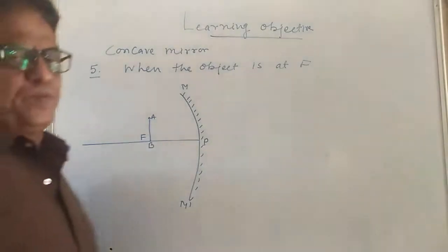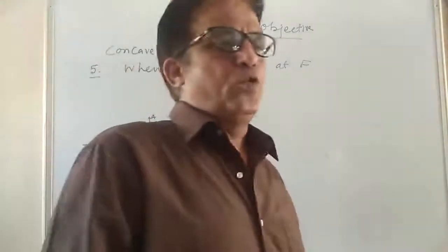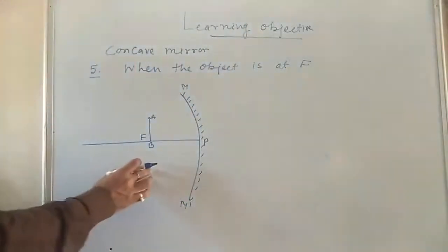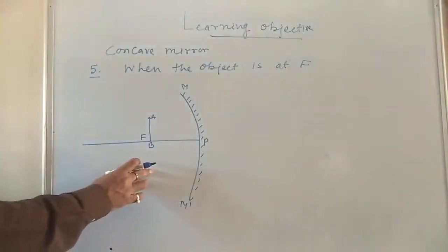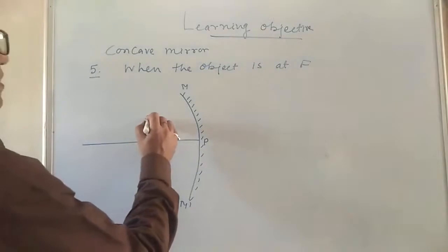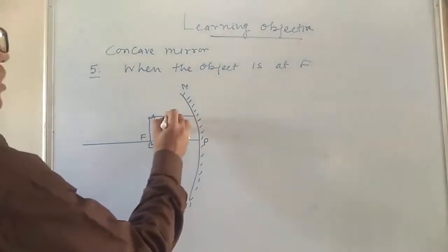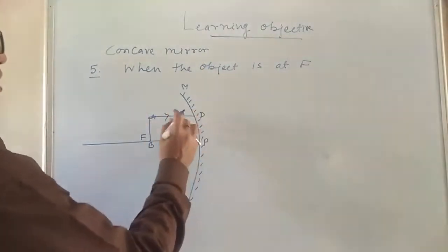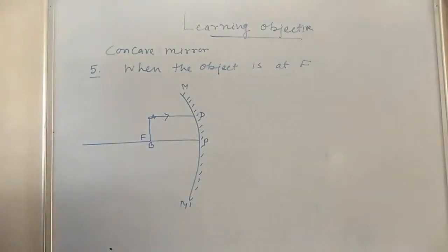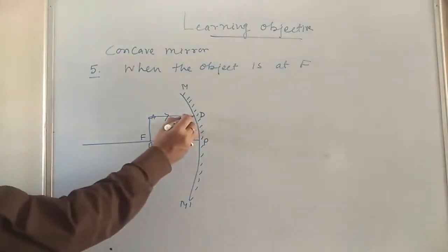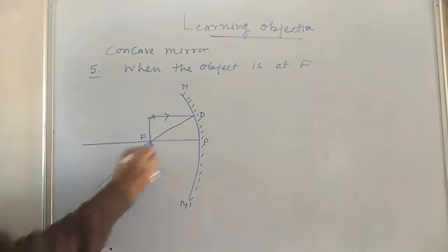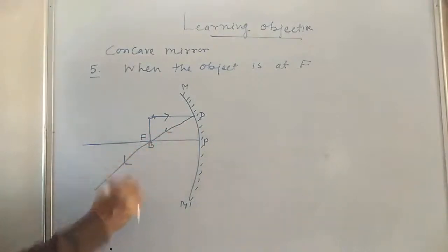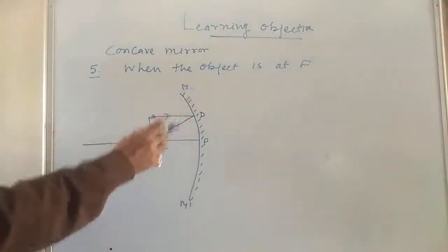Is it clear? Then with the help of rules of image formation, a ray parallel to the principal axis falling on a concave mirror along AD, both are parallel here. So my dear children, a ray passes through the focus along DB.